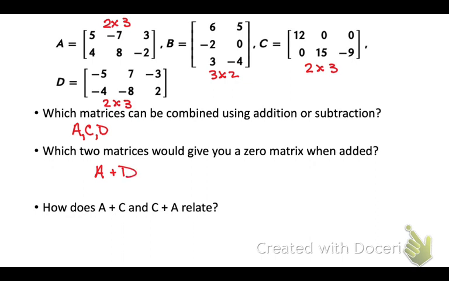No, because the negative would distribute, wouldn't it? Yes. How does A plus C and C plus A relate? It's commutative. The same either way. Are they equal? Yes. So A plus C would equal C plus A?